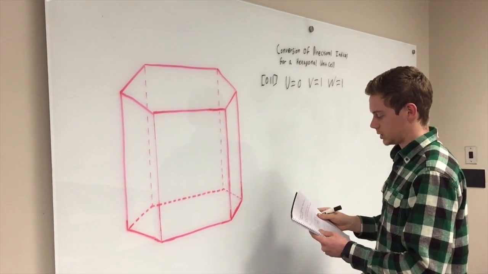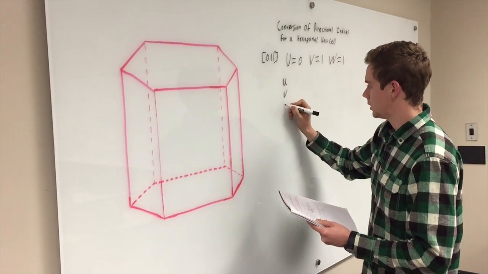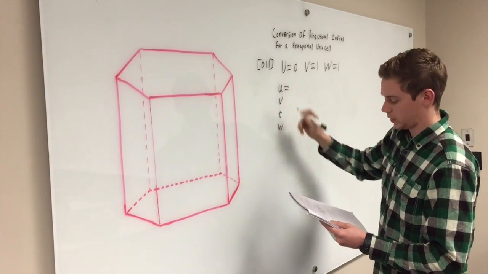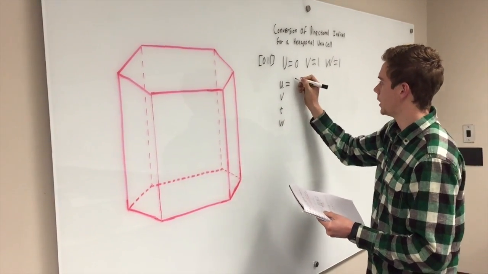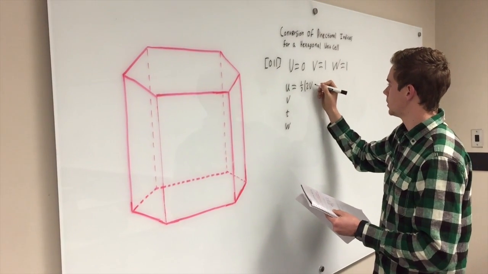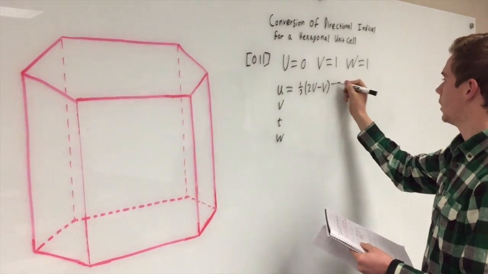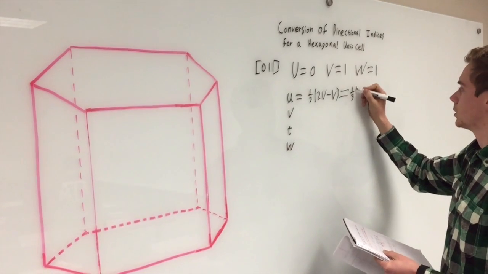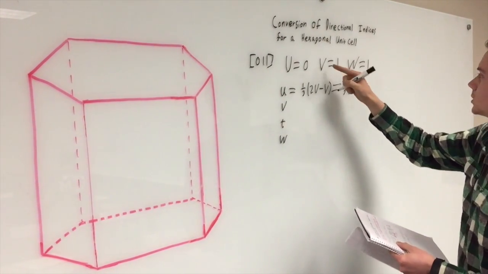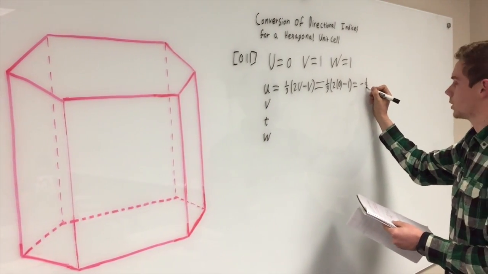So in the 4-index system, there are 4 pieces: u, v, t, and w. All these are lowercase. So to find lowercase u, we multiply by 1/3 times 0 minus 1, that's U from here and V from here. That will give us negative 1/3.